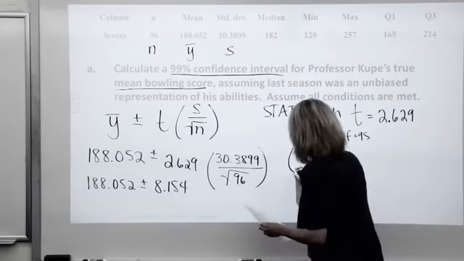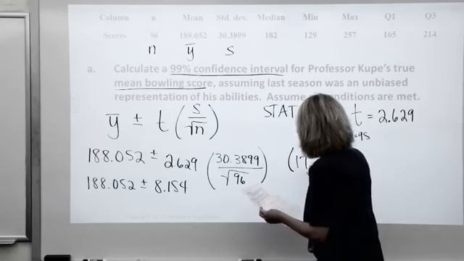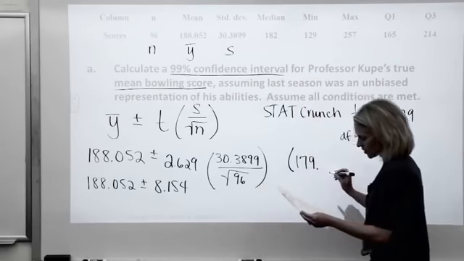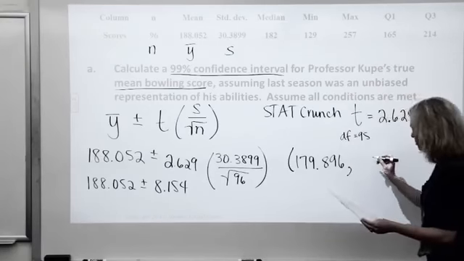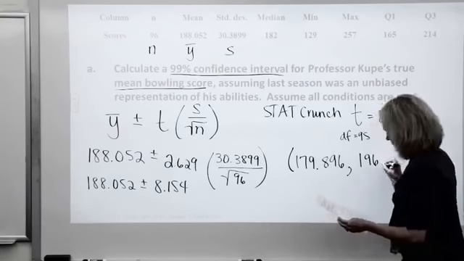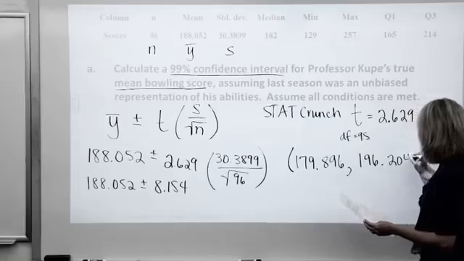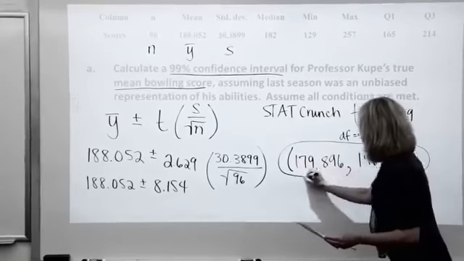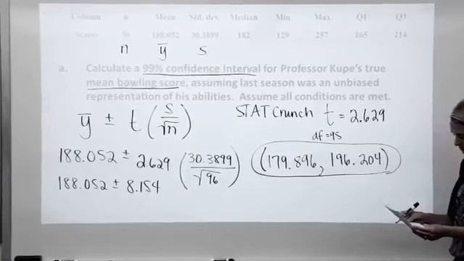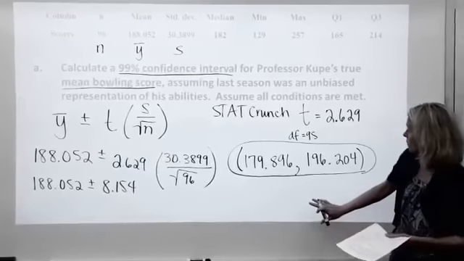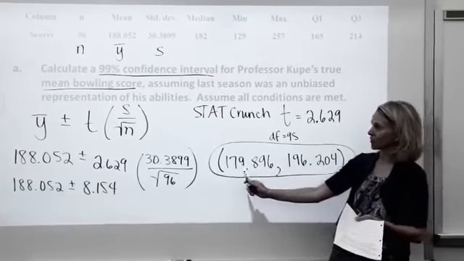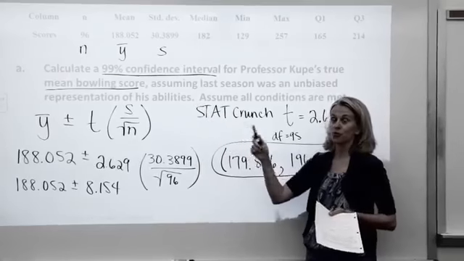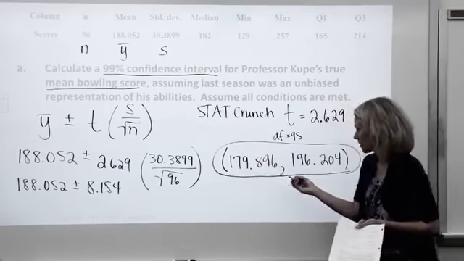And when you do, here's our confidence interval: 179.896 up to 196.204. And so we're 99% confident that this interval here contains Professor Coop's true average bowling score.